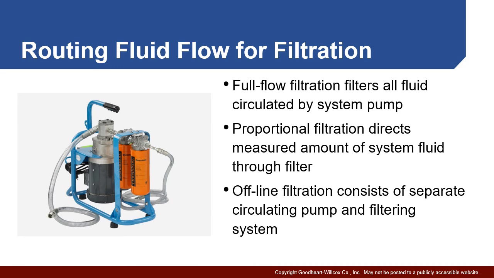In those cases, that's going to cause a pretty major pressure drop in the system, and if you were to put it in the main line, that could be problematic. In those cases, we would use what's referred to as a proportional filtration system. In that case, some of the fluid goes to the filter, and usually it's a separate portion of the circuit itself. The idea is that eventually all the fluid is going to go through it, but it wouldn't all go through every time it circulates.